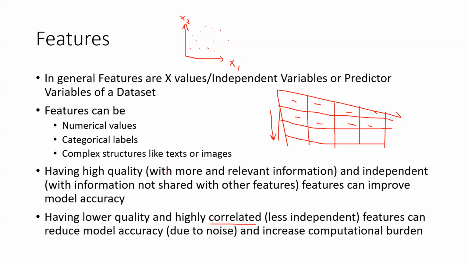Noise means unnecessary, unrelated information. So when you are having too many correlated features or non-related features, you will introduce too much noise into your machine learning process.